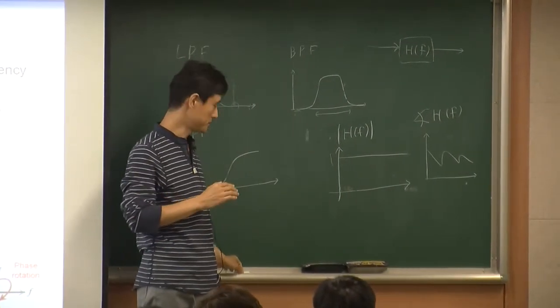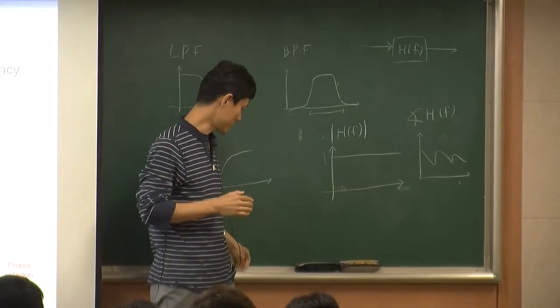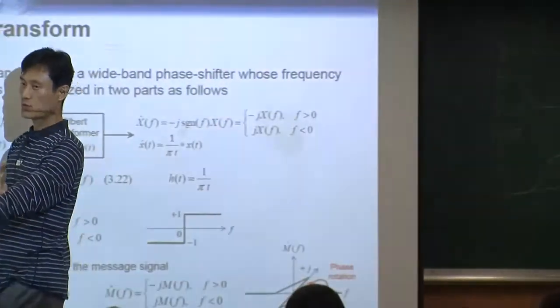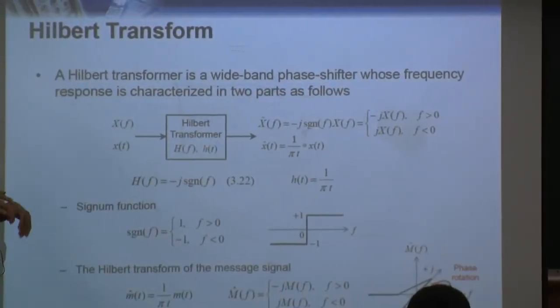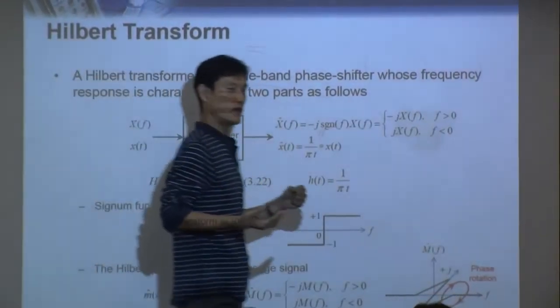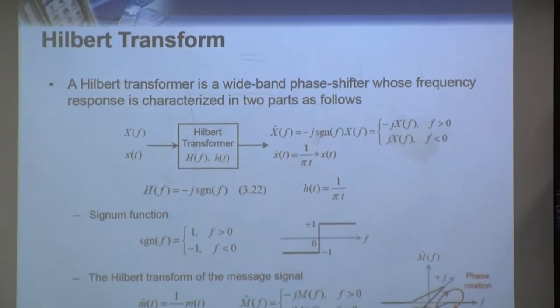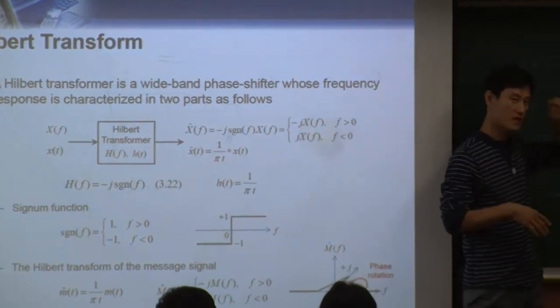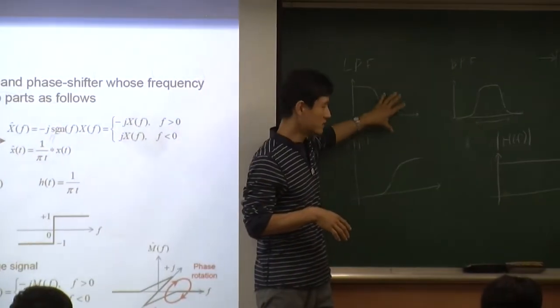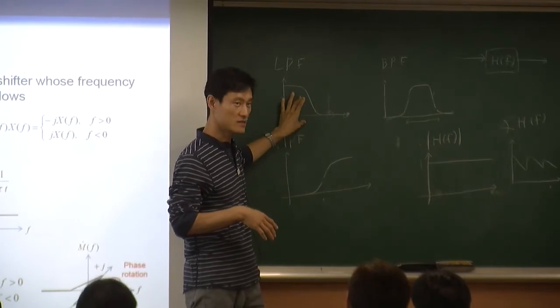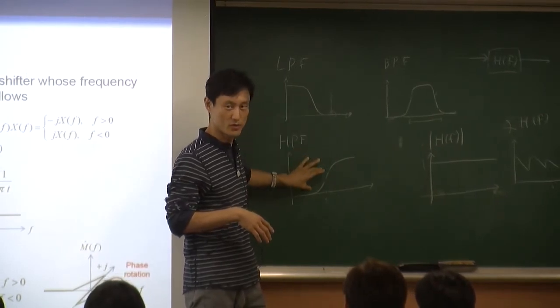In the frequency domain, the magnitude response is always 1, so magnitude is not important. That's what I'm trying to say. When you learned the low-pass filter, high-pass filter, band-pass filter, the important thing was the magnitude response, or amplitude response.